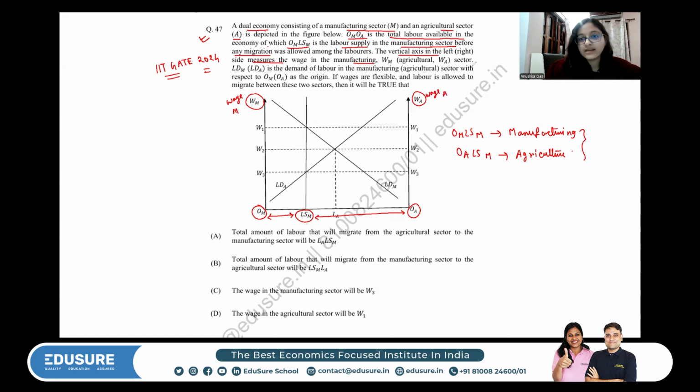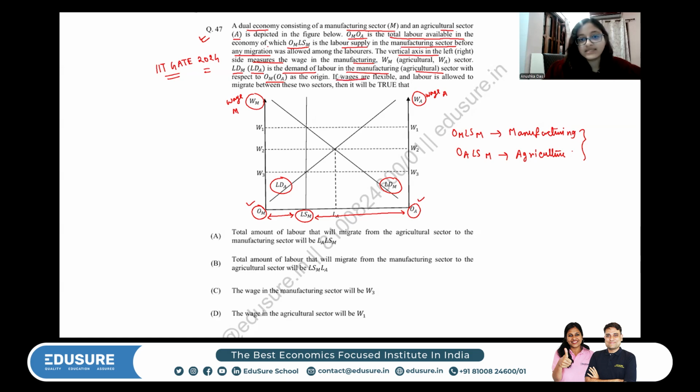Now the question says LDM, LDA is the demand for labor in the manufacturing and agricultural sector. So this is the demand curve in the manufacturing sector and this is for the agricultural sector. And OM, OA are the origins of the manufacturing and agricultural sector respectively.